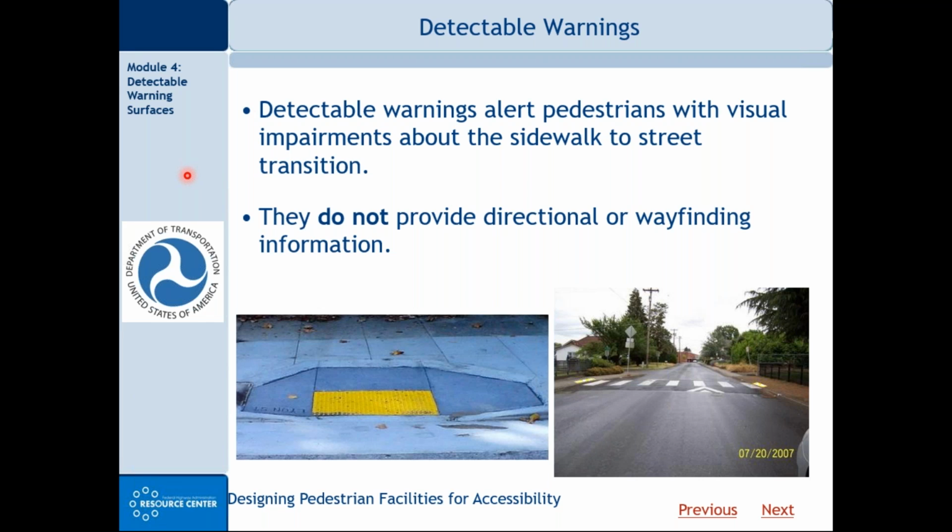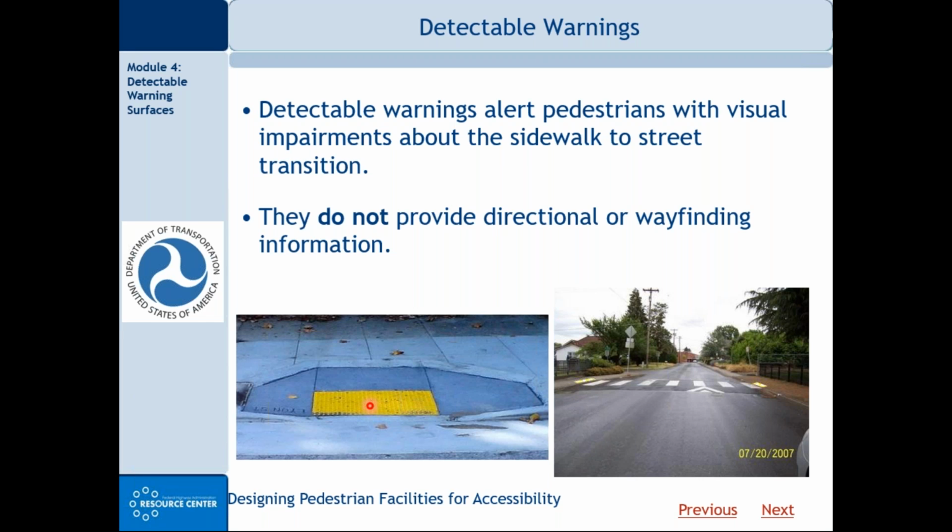Before blind or low vision pedestrians actually go out and navigate on our streets and sidewalks, they go to what's called orientation and mobility school, or O&M training. And they are taught that when they detect this surface, either with the cane or underfoot, they are to stop and check out their surroundings. So it's a warning mechanism.